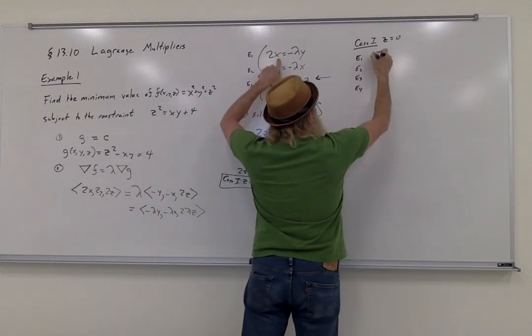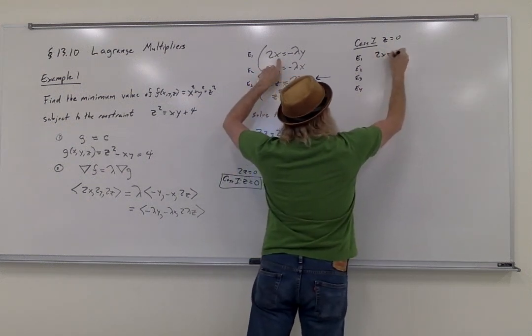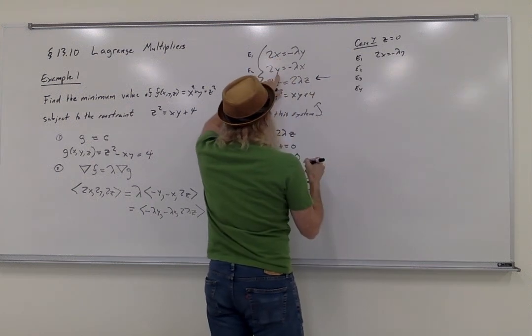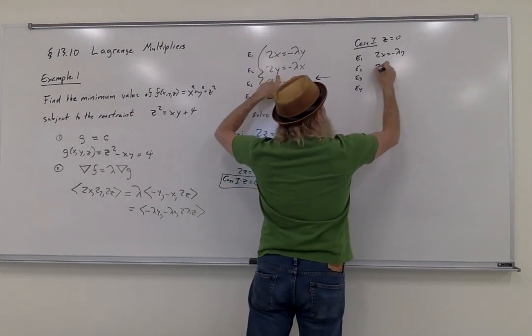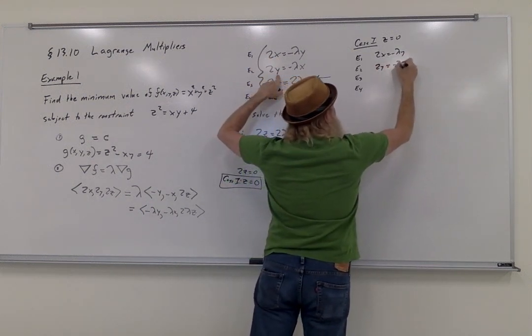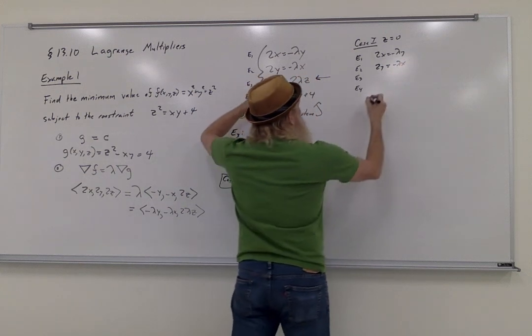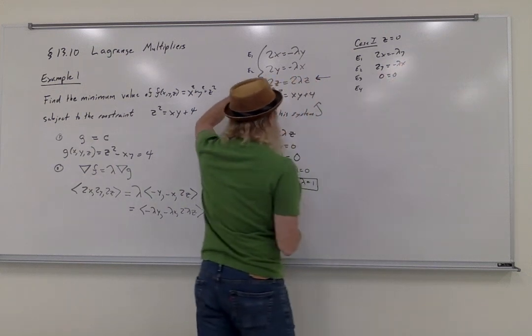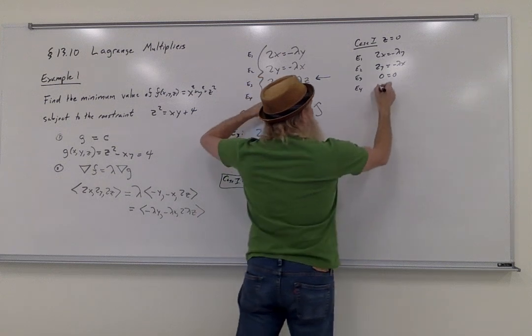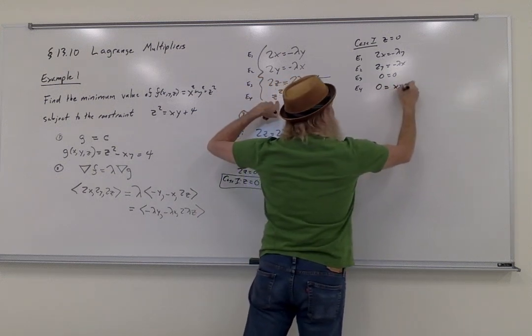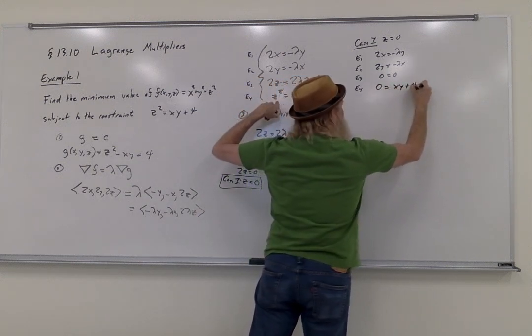Equation 1 is not changed. 2x equals negative lambda y. Equation 2 is not changed. 2y equals negative lambda x. Equation 3 becomes 0 equals 0. And equation 4 becomes 0 equals xy plus 4.